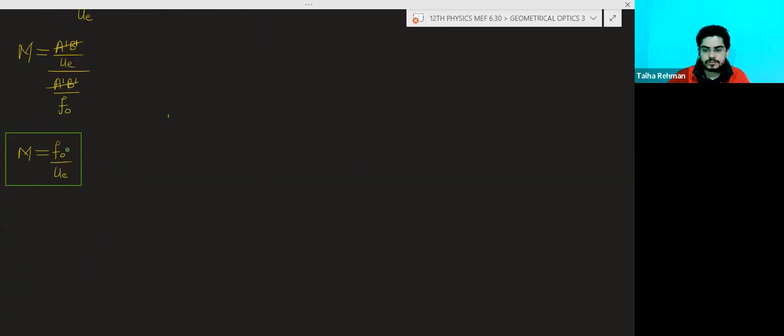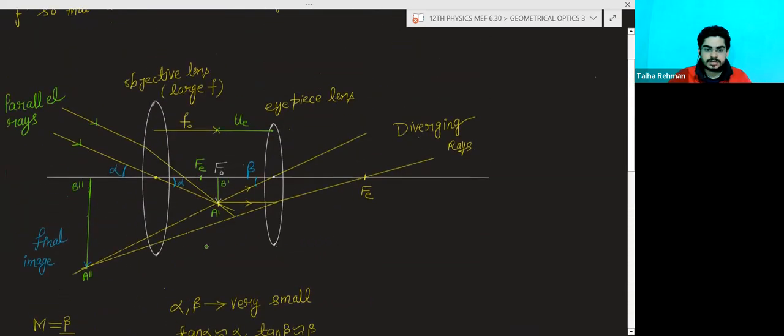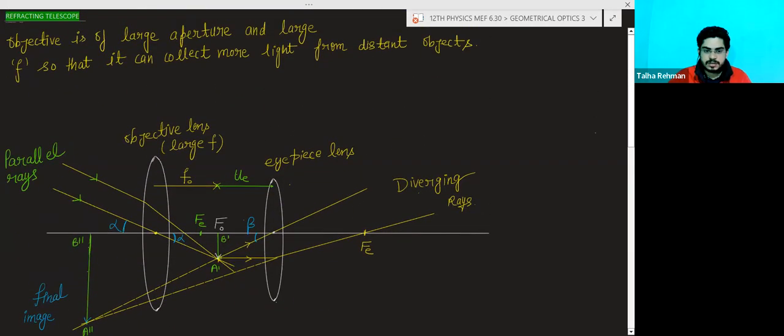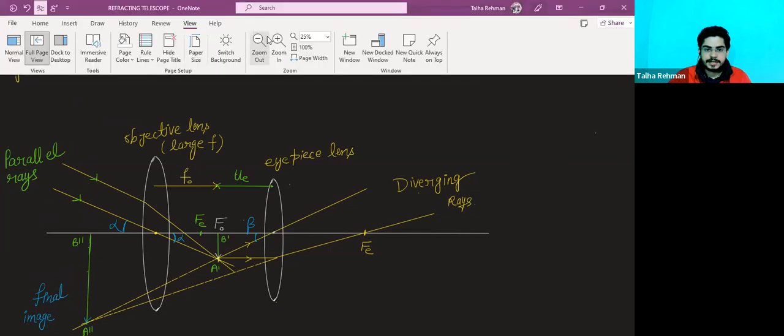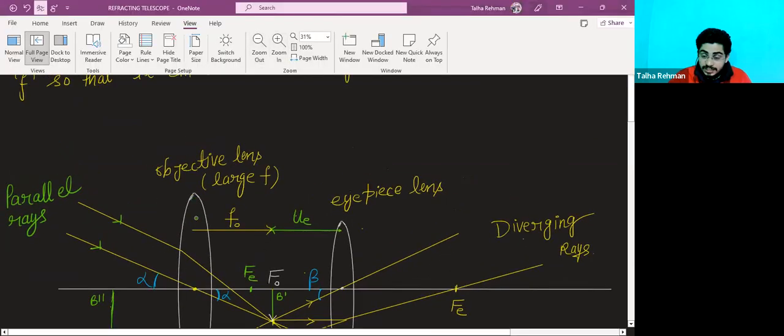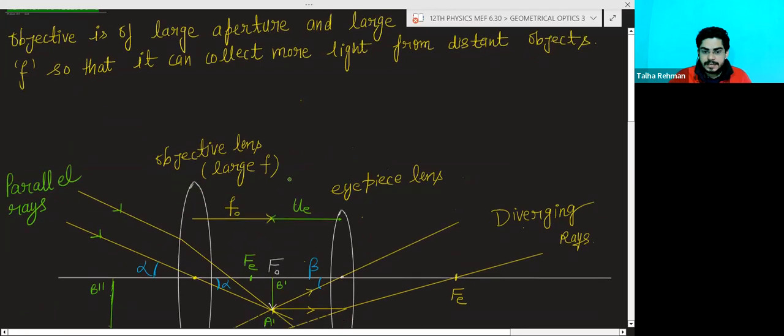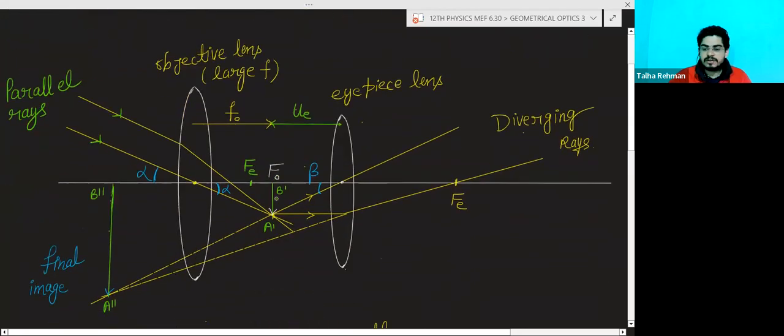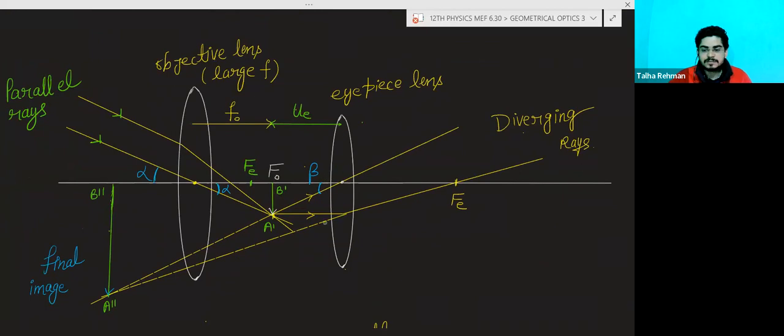So the magnification of the telescope is the focal length of the objective lens divided by the object distance for the eyepiece. Now remember what the object distance for the eyepiece is: this is the image that is formed by the objective lens, and this image will work as a virtual object, or object, for the eyepiece lens.